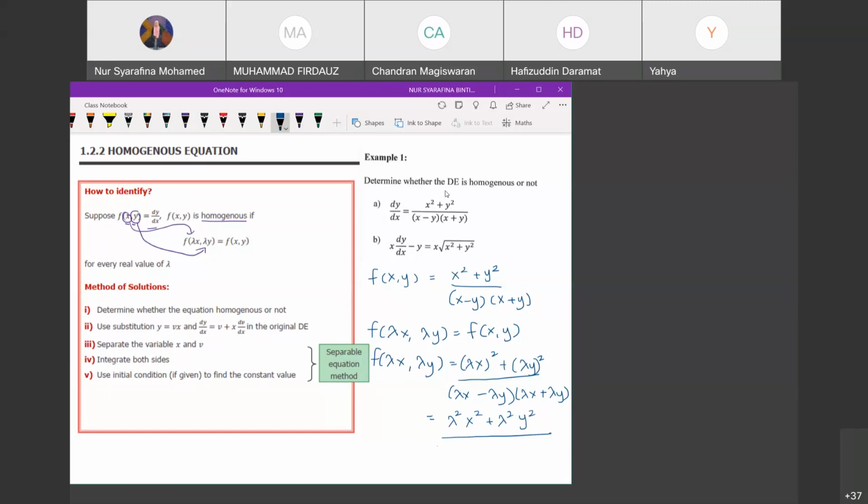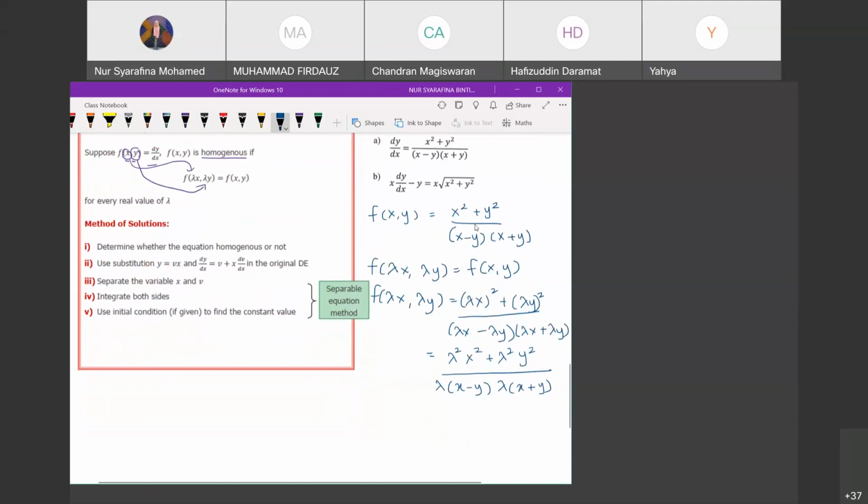Here you can factorize, and then simplify.